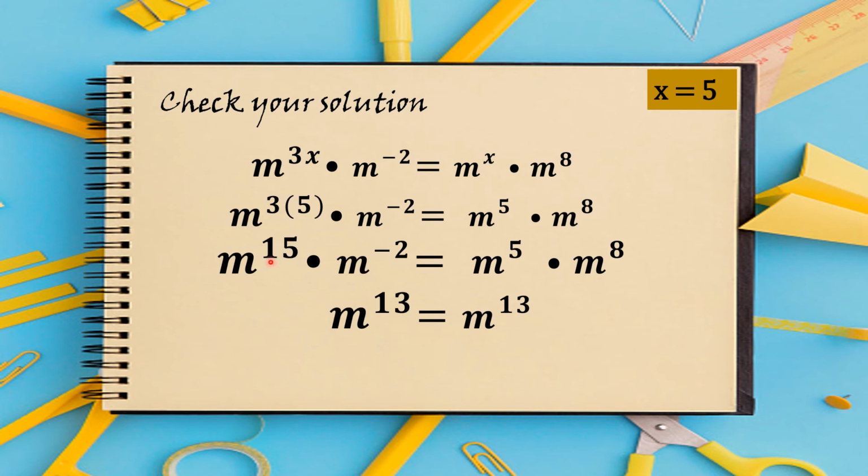Simply add negative 2 to positive 15. So it is m raised to 13 equals m raised to 5 multiplied by m raised to 8. It is m raised to 13. Therefore, the value of x will make the exponential equation equal.